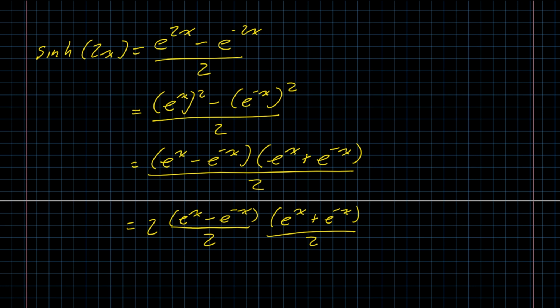Well, because that first fraction is the definition of hyperbolic sine, and the second fraction is the definition of hyperbolic cosine. So just like sine of 2x is 2 sine x cosine x, sinh of 2x is 2 sinh x cosh x. The double angle formula seems to work exactly the same.